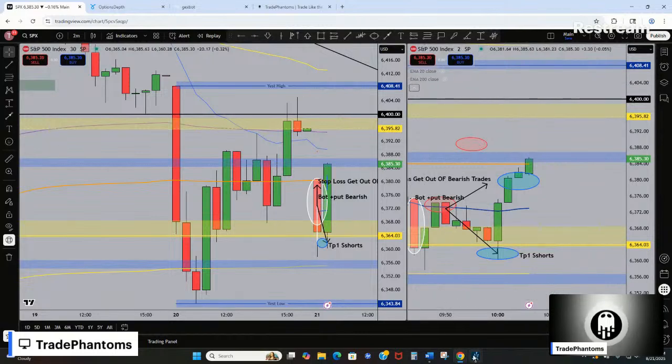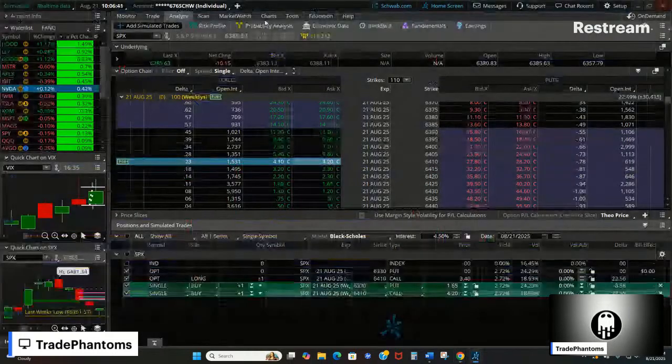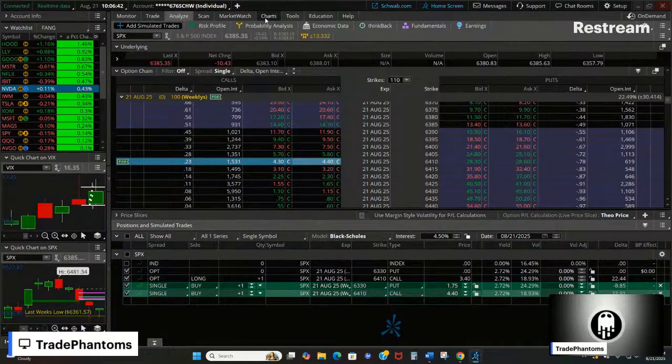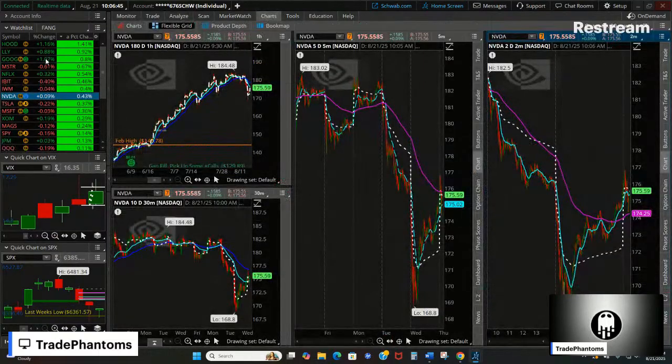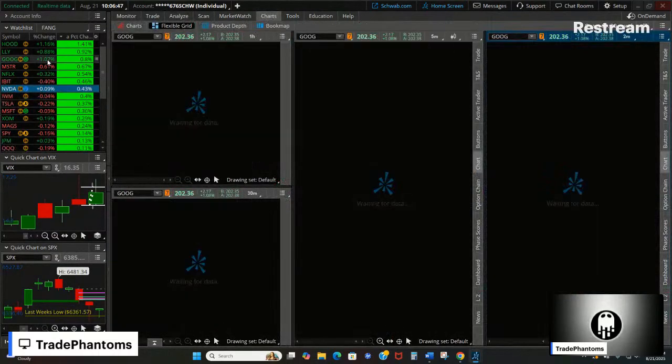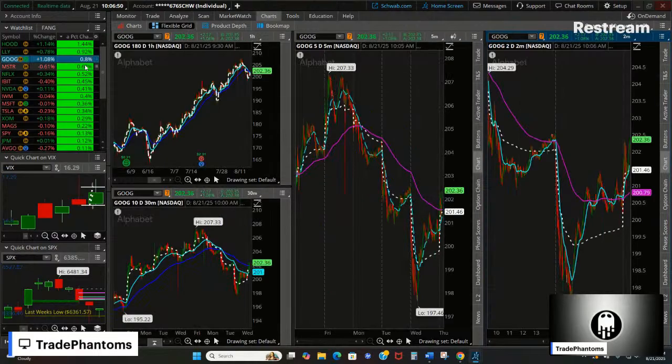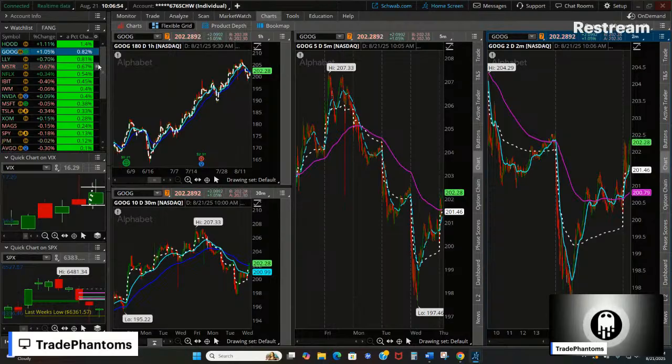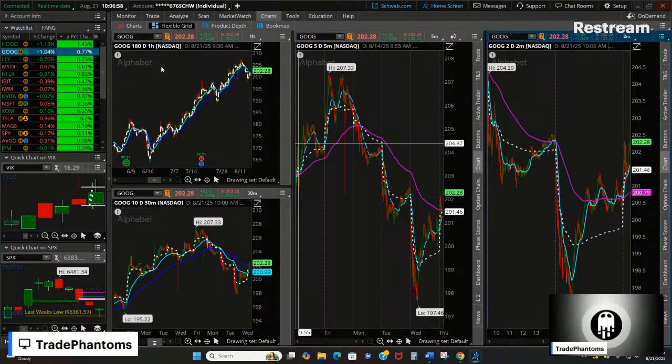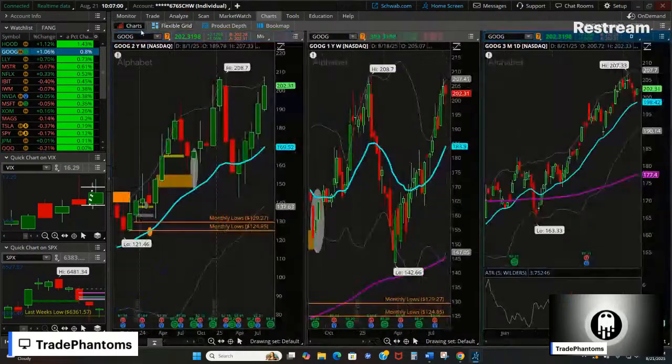Google popping out. AVGO kind of back on deck too. Well, I got to be patient with these bullish trades here still.